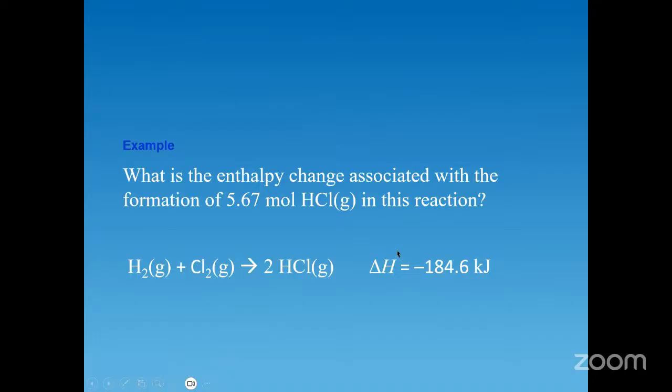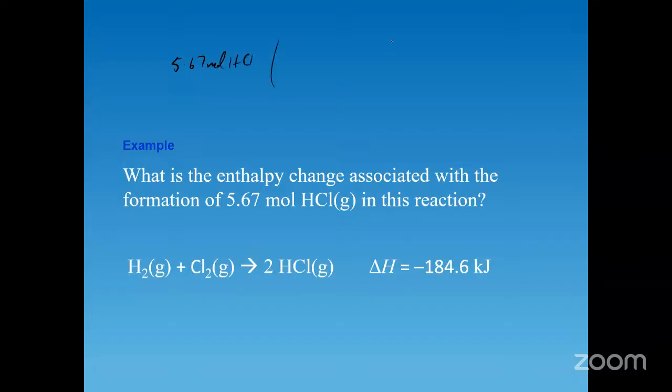So let's look at this example. They gave you the same balanced equation and the enthalpy change, and the question is asking, what is the enthalpy change associated with the formation of 5.67 moles of HCl? So basically what we'll do is start off with the 5.67 moles of HCl.